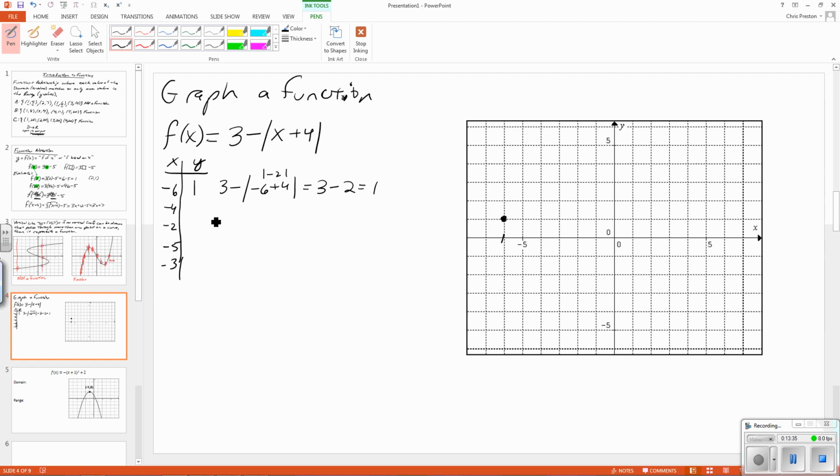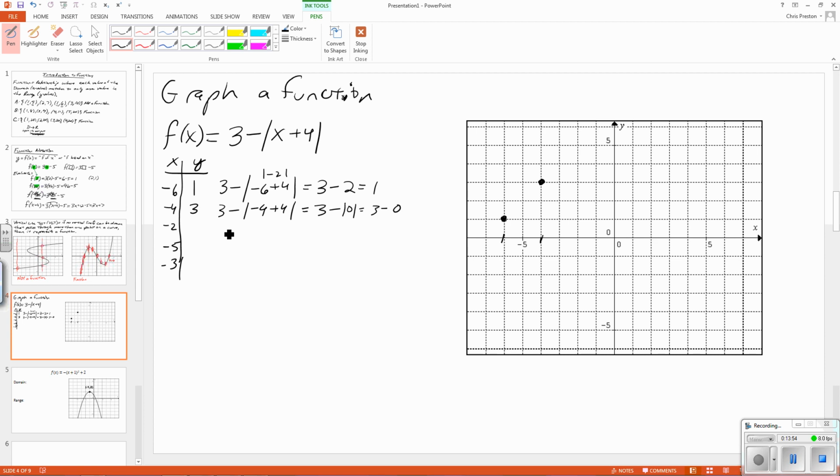All right, and then if I put -4 in there, -4 plus 4, well, 3 minus the absolute value of 0 would be just the same as 3 minus 0, which is 3. So -4, 3.